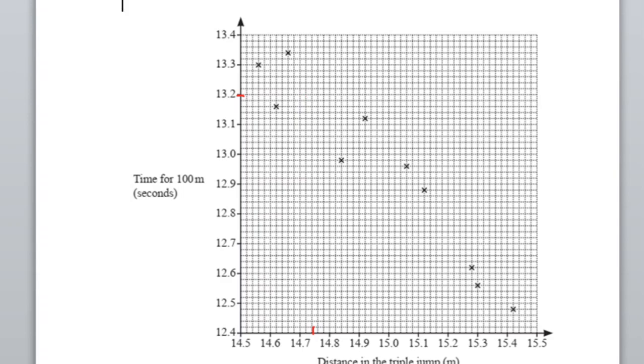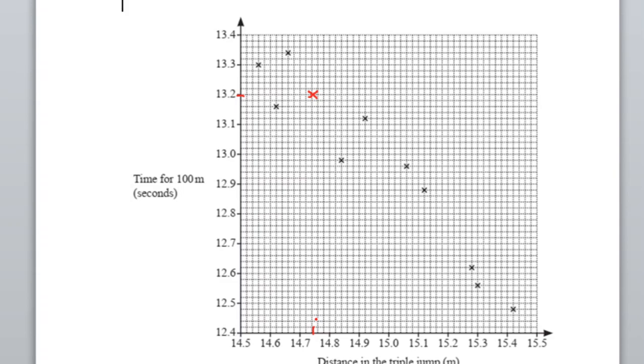So make that point where the two values meet. Okay, where do they meet? Here. Yeah, so this is the first cross at 14.74 and 13.2.